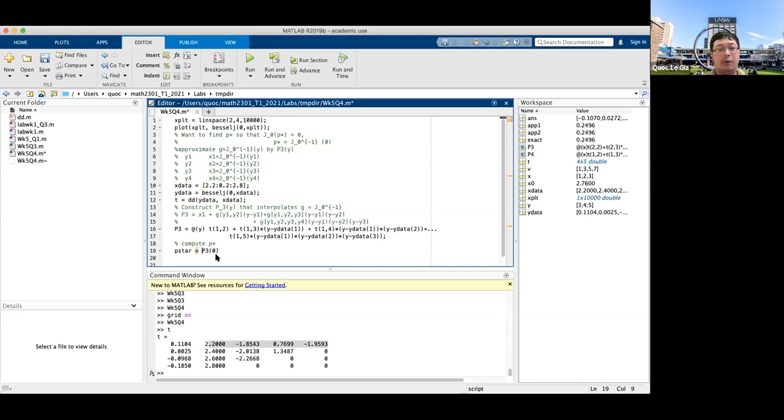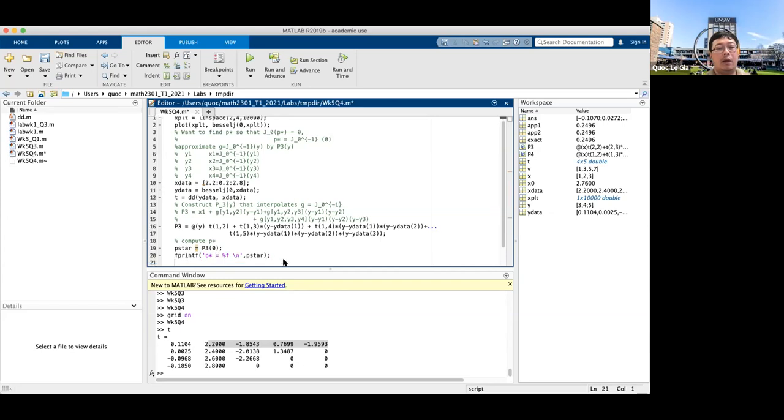Okay, so maybe you print out with fprintf P star equal something, P star, and fprintf you want to print out J0 of P star equal something, and this one is J0 of P star.